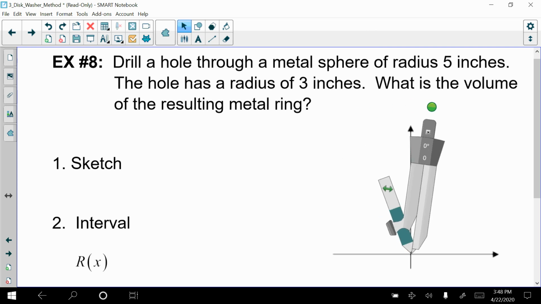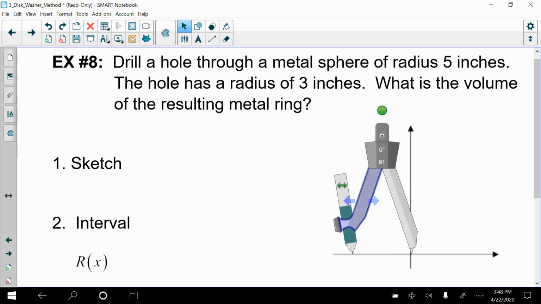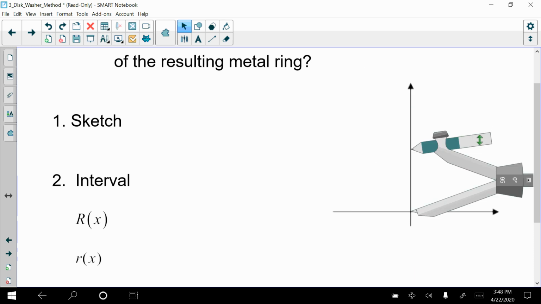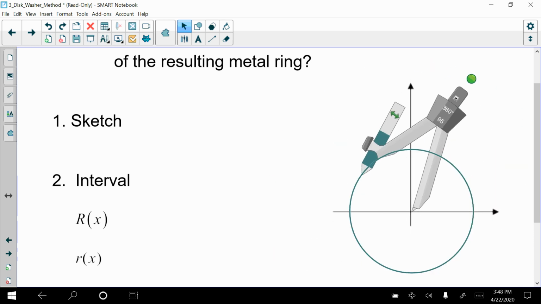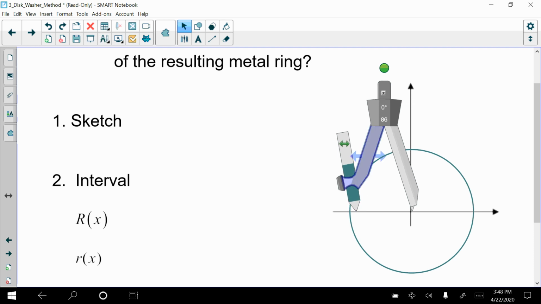You need to open it up, and we'll just say that this is 5 inches. So there's 5 inches.